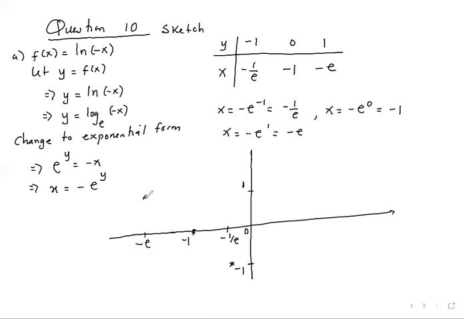Remember, 2 point something. So it means that the asymptote here is the y-axis. So the graph is going to be of this nature. Like this. So this is f of x is equal to ln of negative x.